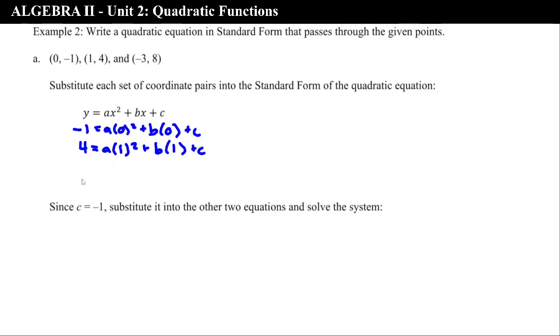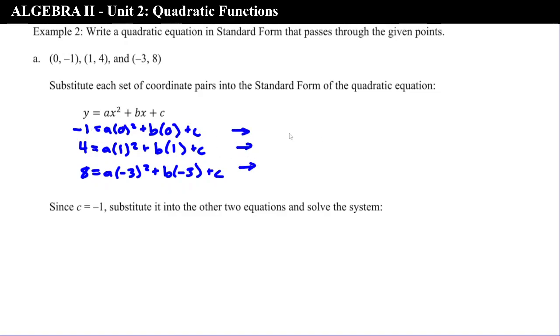And then for the third one, you have 8 equals a times negative 3 squared plus b times negative 3 plus c.